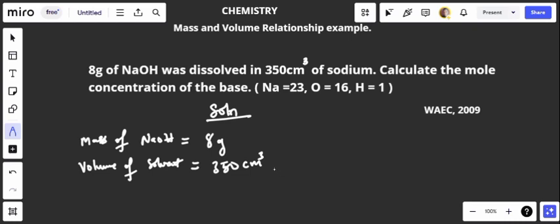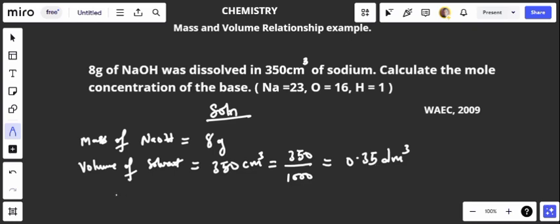We divide it by 1000. So that will be 350 divided by 1000. When you do that division, what you will now have is 0.35 dm cube. So we have changed it from cm cube to dm cube.